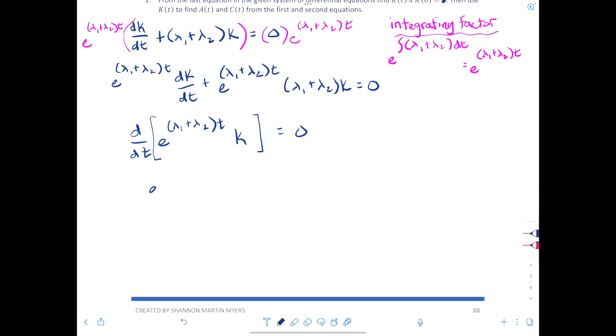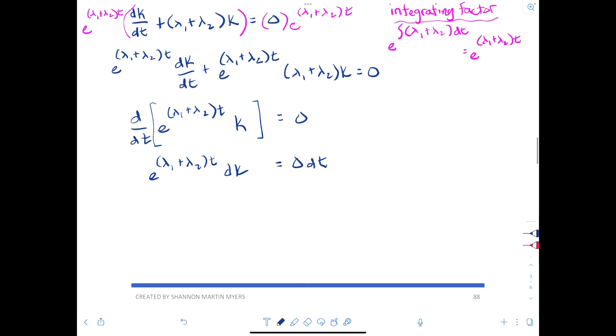And then we want to set it up for integration. So we'll have e raised to the lambda 1 plus lambda 2 times t dK is equal to 0 dt. This is a little tricky. We'll keep the 0 dt going and integrate both sides.